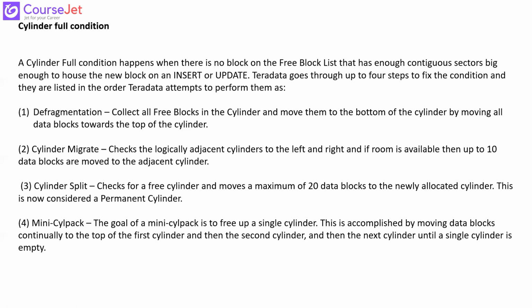And there is something called mini cylinder pack. This mini cylinder pack will free up space on the cylinders. How this is done is by moving the data blocks to the top again to free up the space at the bottom.